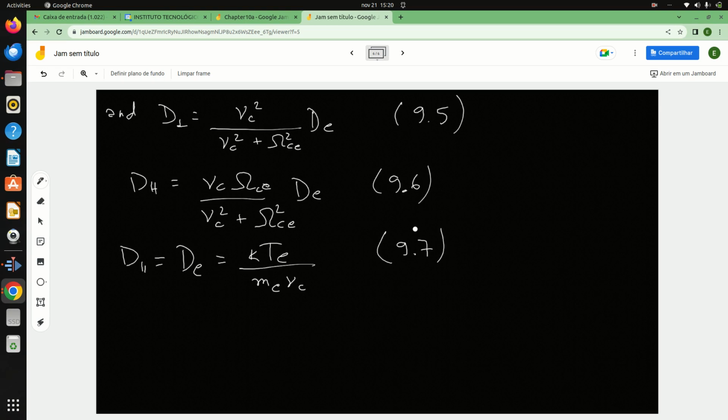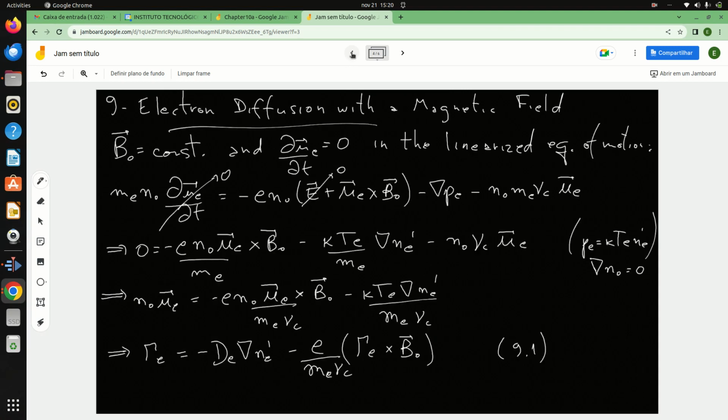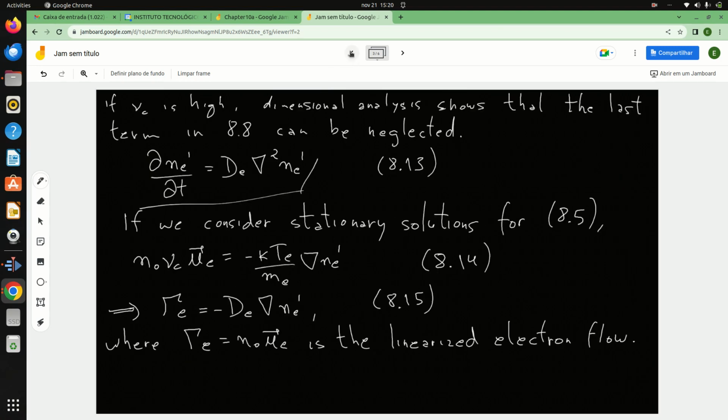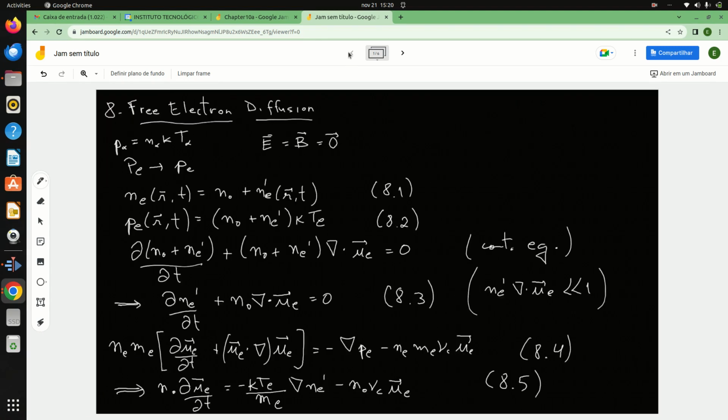So, to obtain the diffusion equation for the electron density with the constant background field, let's take equation 8.3. Let me see, 8.3, where is it?